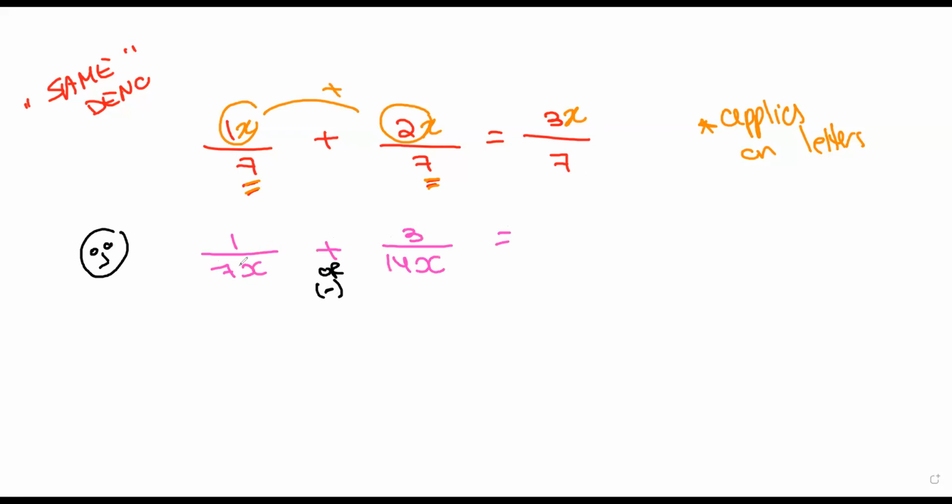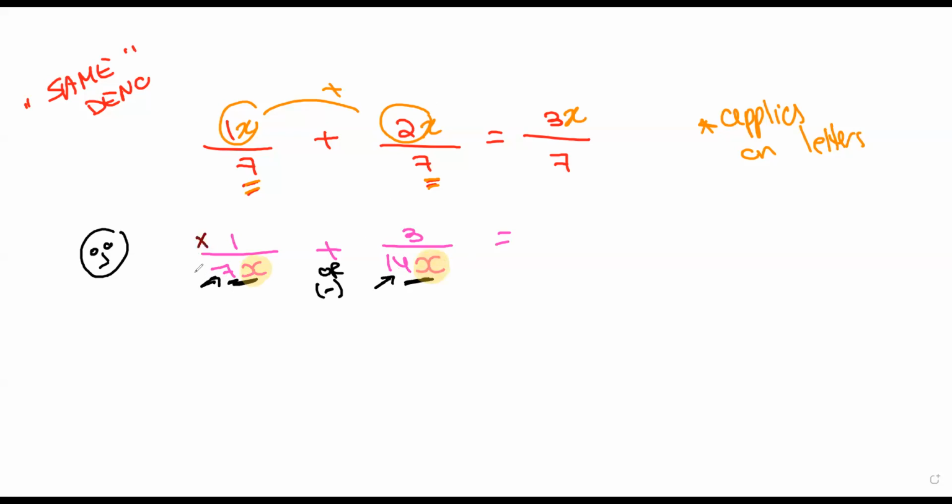By comparing these two denominators, this is an algebraic term with a coefficient of 7, and this is an algebraic term with a coefficient of 14. If I highlight the x, it's just to let you know that the x is the same, and in this case, it doesn't need any changing. So I can just work on the numbers and make sure that they are the same.